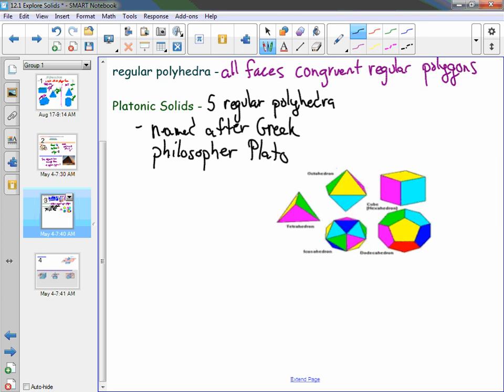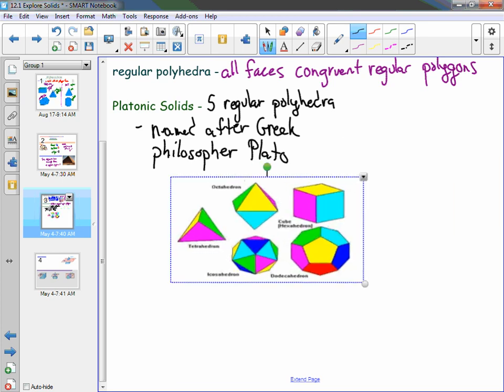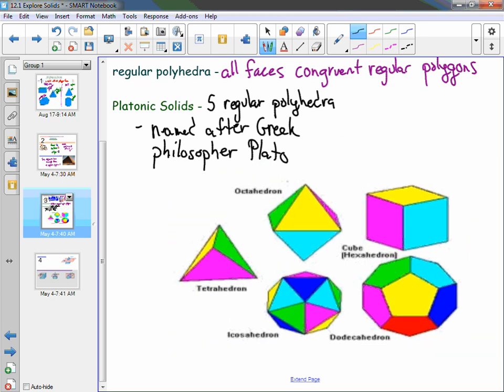You've seen some of these before. The tetrahedron has 4 triangular sides. The most common, right here, the cube is actually a hexahedron. Octahedron, 4 on top, 4 on bottom, 8 sides. Icosahedron, again, all triangles on that one. And then the dodecahedron is 12 pentagons.